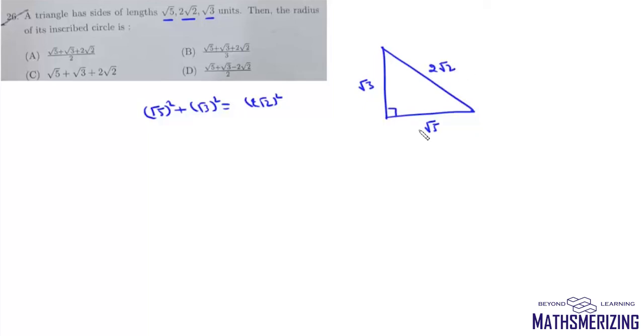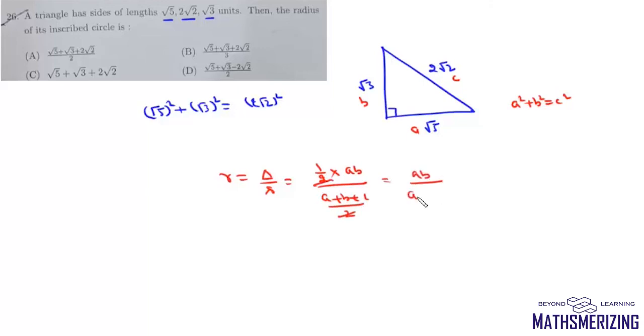If it is a right angle triangle with sides A, B and C, then A square plus B square equals C square, and we know that R is simply delta upon S. Now delta is the area of this triangle, which is half AB, and S is A plus B plus C whole divided by 2. Now this 2 and 2 will cancel. So this is AB upon A plus B plus C.